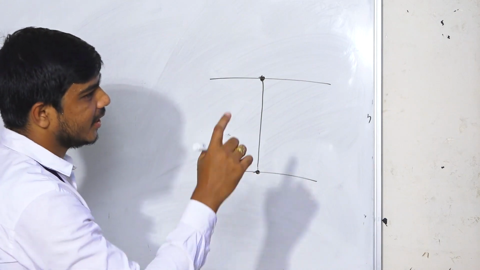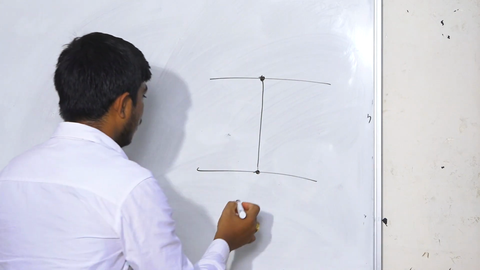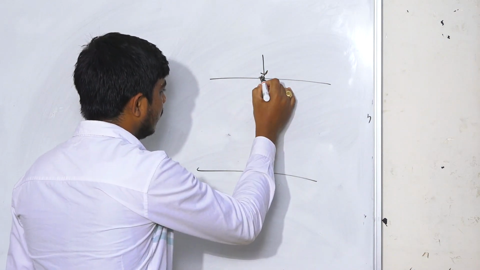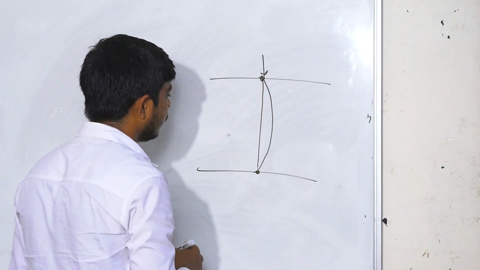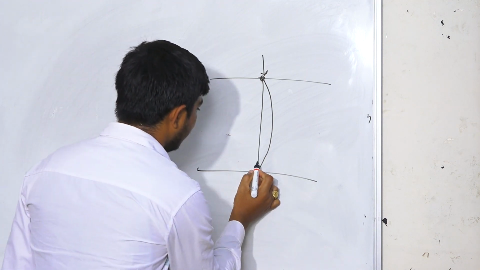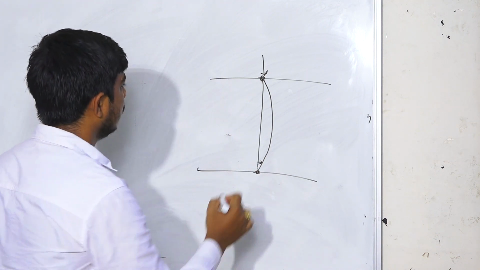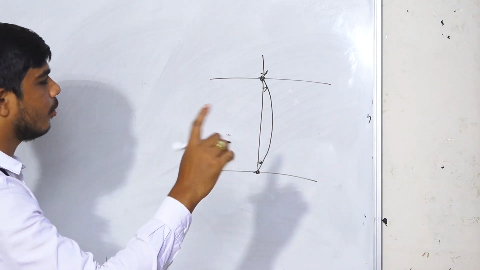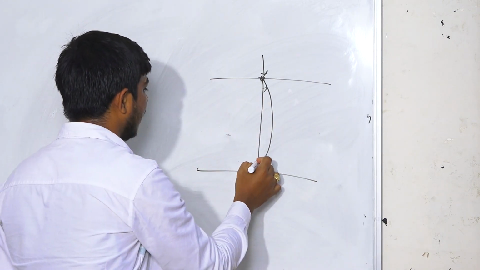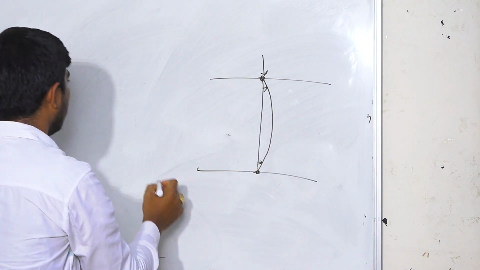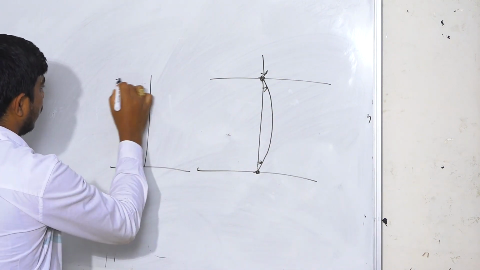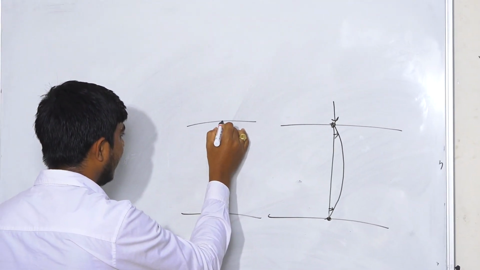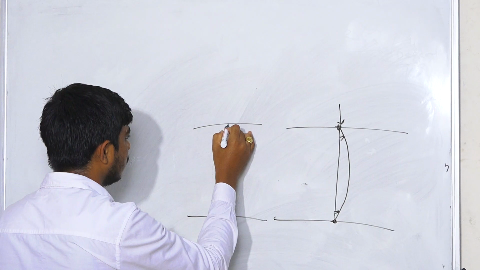Fixed against rotation means, what is rotation? When load applies, this tries to bend, right? So this becomes rotation. So it is saying fixed against rotation at both ends, so this is not allowed to rotate. That means the column will not move from here and also not rotate.